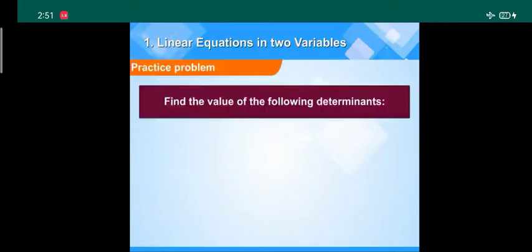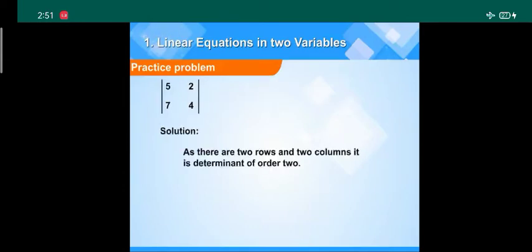Find the value of the following determinants. Problem number 1. Determinant 5, 2, 7, 4. Solution. As there are 2 rows and 2 columns, it is a determinant of order 2.